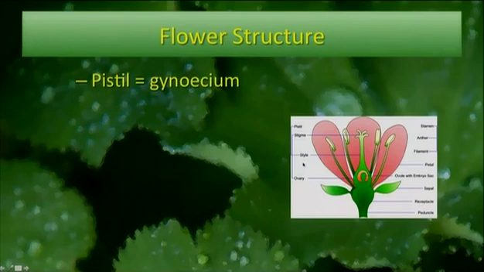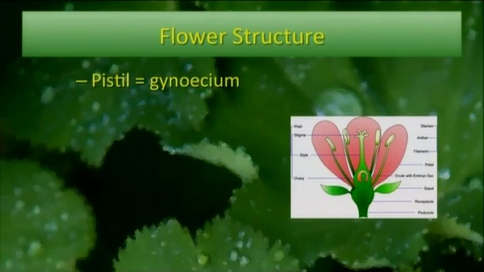Now the fourth part of a complete and perfect flower is this part here. It's the female part of the flower, which is what gynoecium means. So the pistil can be made of one or more carpels. A carpel is a folded over leaf that has seeds inside. This one has a single carpel with a single ovule in it, which would become the seed after pollination and fertilization. So the pistil is known as the gynoecium, or the female parts.